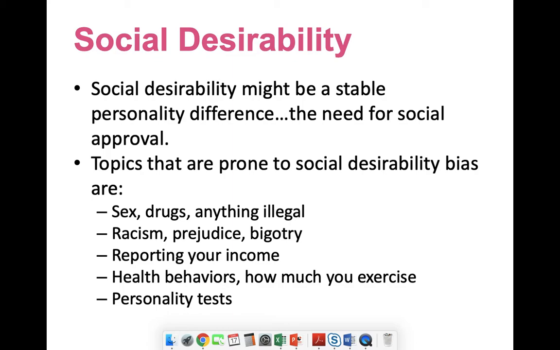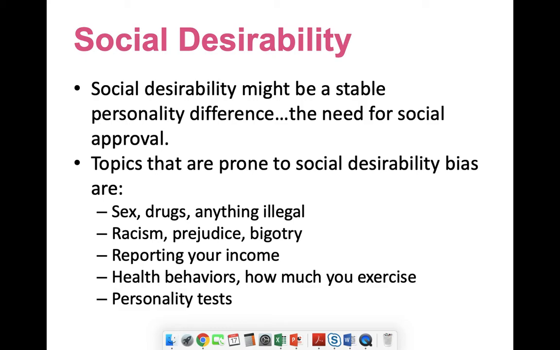We engage in a certain amount of self-deception, okay? But so people that give socially desirable answers answer in a way to self-enhance. It's thought that social desirability might be a stable personality difference. That is, some people have a stronger need for social approval than others.